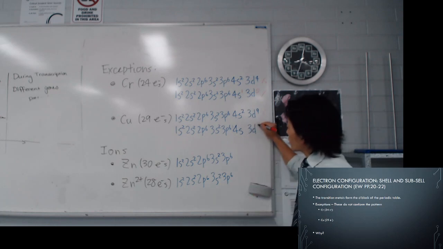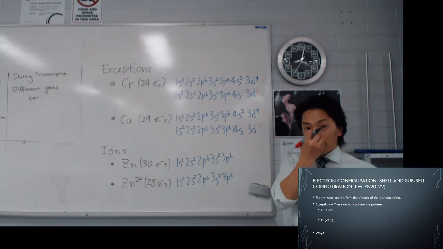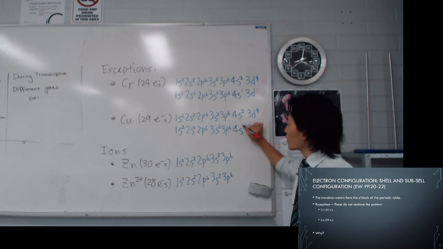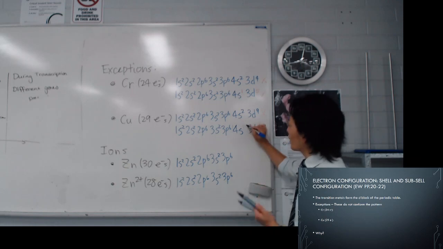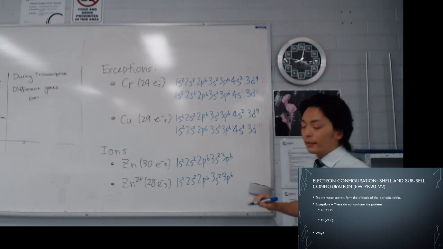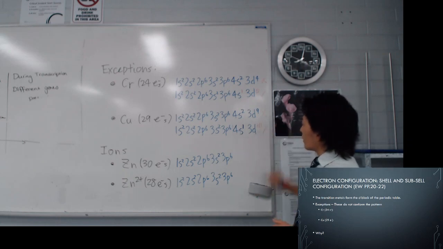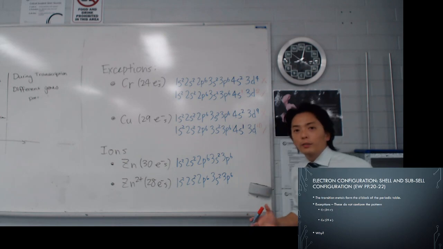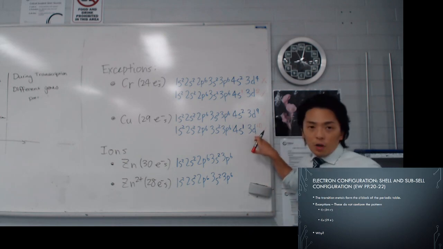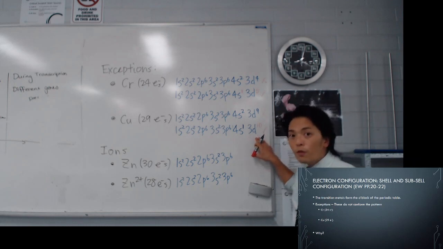What it does is it completes the 3d subshell, making 9 into 10, and 4s is going to be just half. Hopefully you can see. If not, never mind, I'll just use another color. So 4s1, 3d10. That would be the right way of writing it. Again, it's because having a complete 3d subshell is a lot more stable for the element.